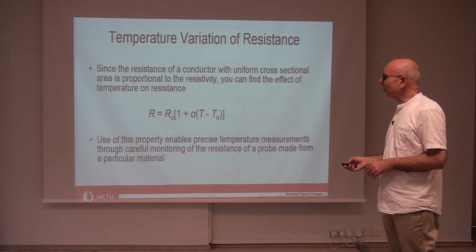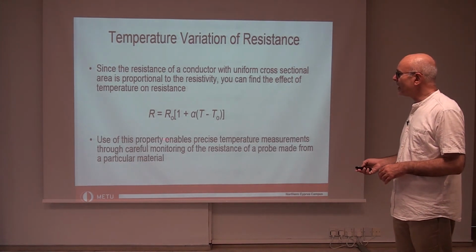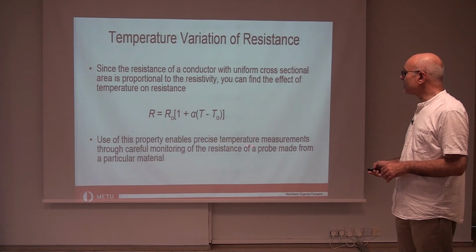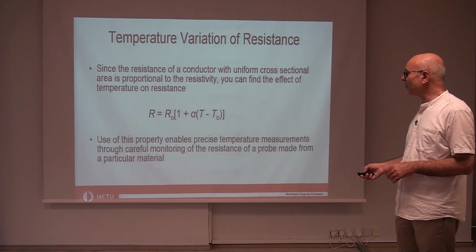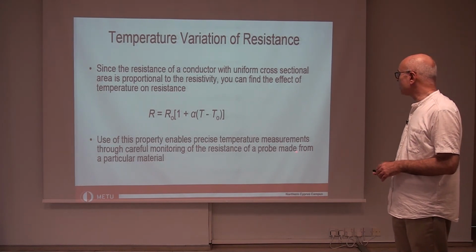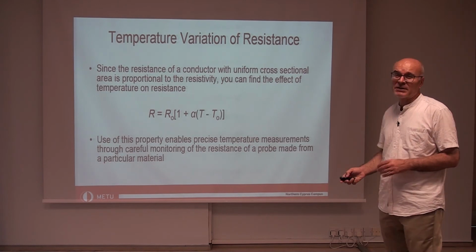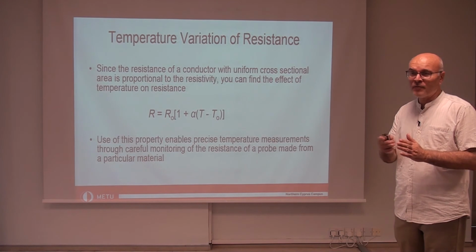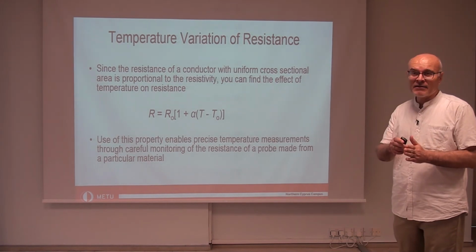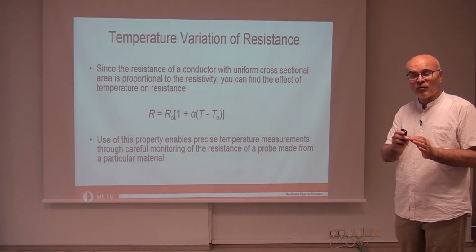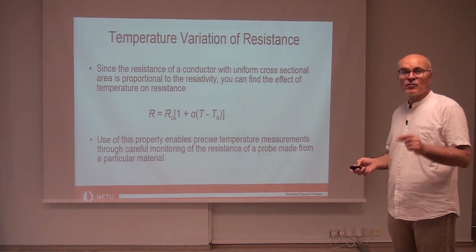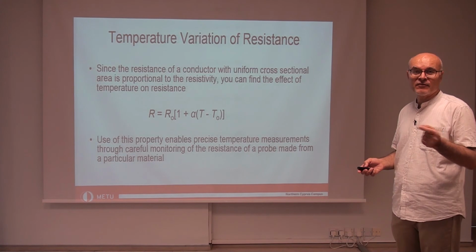Now, the application of this allows us to make precise temperature measurements through careful monitoring of the resistance of a probe made from a particular material. In other words, if you know how the resistance of a given probe changes with temperature, then you can calibrate it, and so you get very sensitive thermometers.